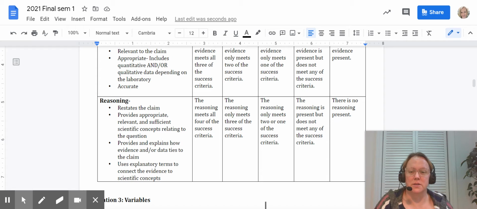Reasoning is 4 parts. Restates the claim, provides appropriate, relevant, and sufficient scientific concepts relating to the question, provides and explains how evidence and/or data ties to the claim, and uses explanatory terms to connect the evidence to scientific concepts.